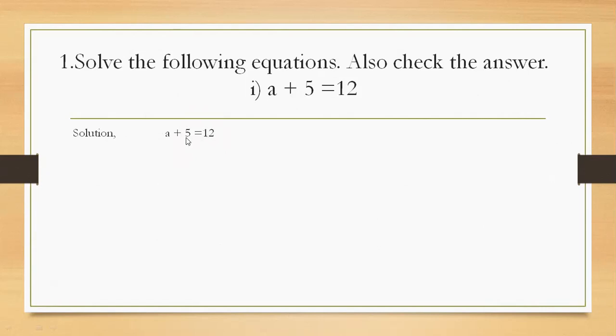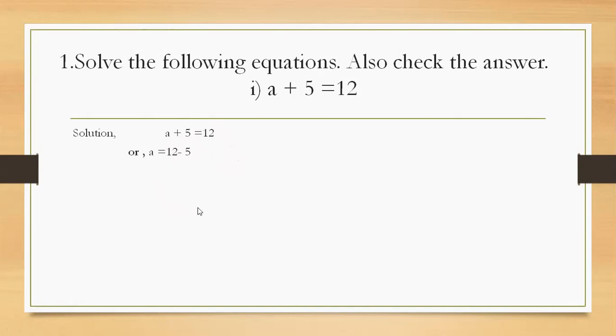If there is minus, then it will be plus. If there is multiply, then it will be divide. If there is divide, then it will be multiplied on the other side. So plus changes into minus, minus changes into plus, multiply changes into divide, and divide changes into multiply. Good.